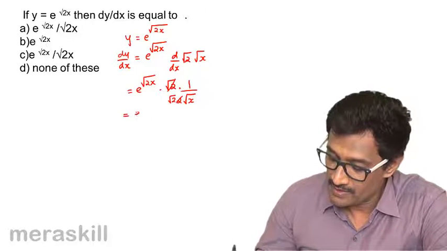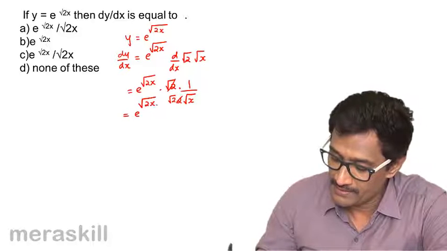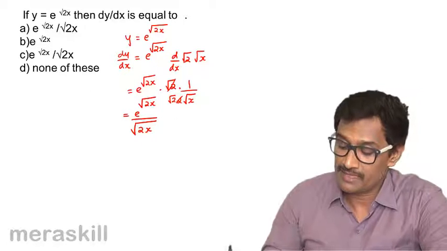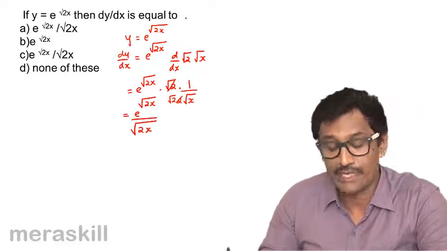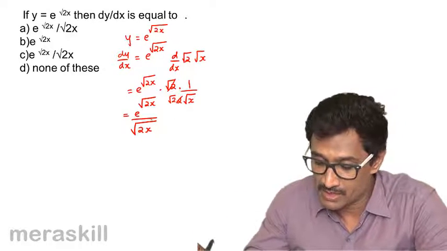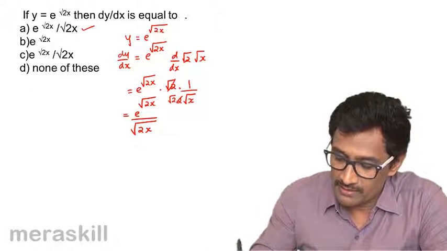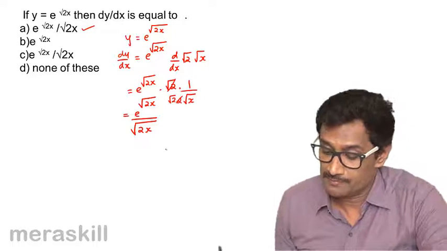So it is e raised to root 2x upon root 2x. So dy by dx is going to be e raised to root 2x upon root 2x, which is, we have two answers here, so we could take this A as the correct answer.